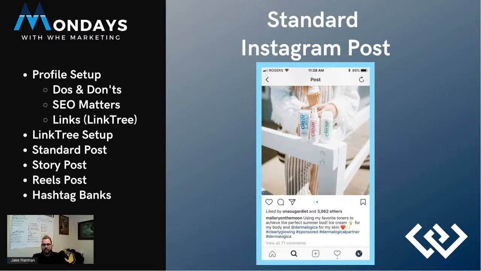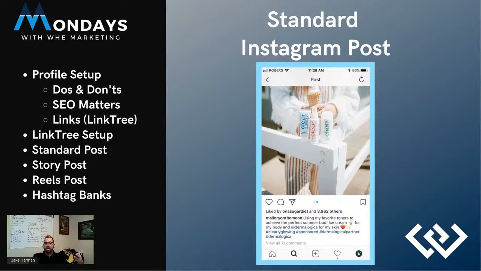And then you can see near the bottom, very simple, clean caption. This one says, using my favorite toners to achieve the perfect summer bod. And then it says ice cream. Not sure on there, but basically it has the basic caption that directly relates to the image.